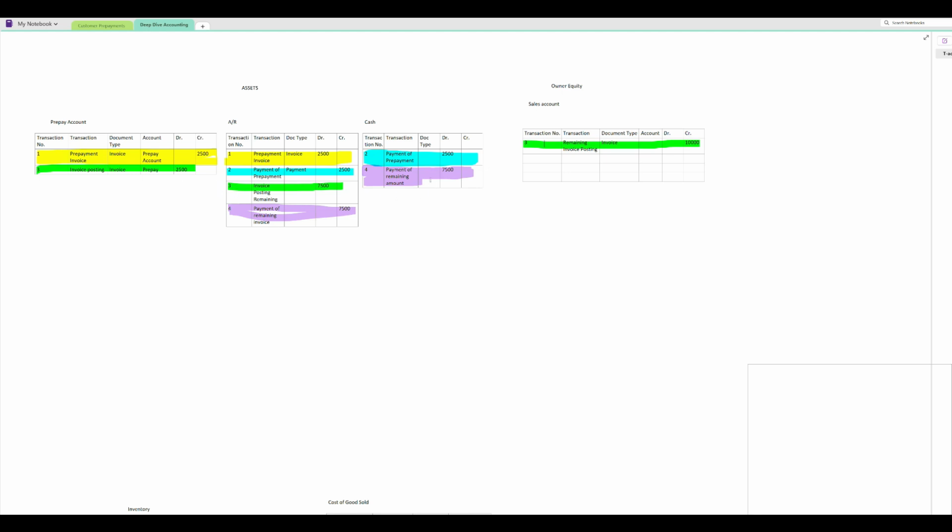And in purple, we have the receival of, we received the 7,500 in cash from the customer, which offset the AR, because you see in the green we had the 7,500 in green and we offset it with purple. And that concludes our exercise.